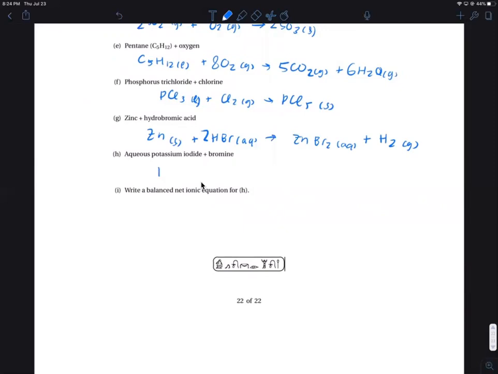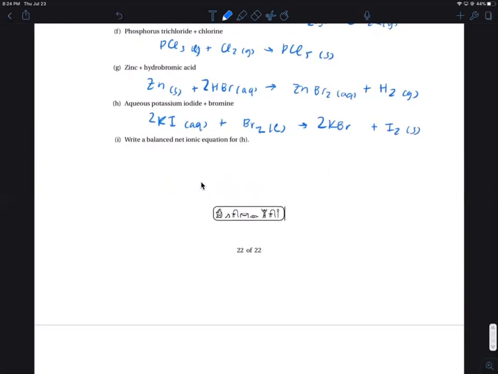Potassium iodide plus Br2, which is liquid, form KBr and I2, which is a solid, so 2 goes here and 2 goes here. And then for part I, write a balanced net ionic equation.